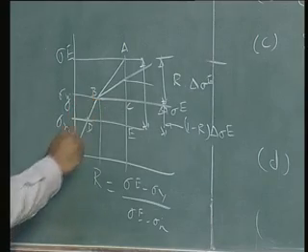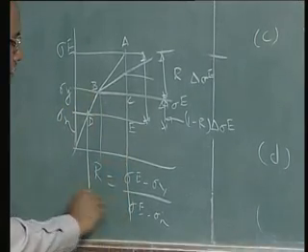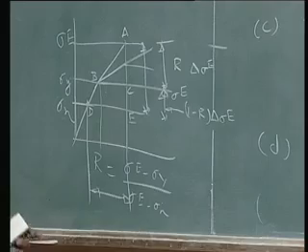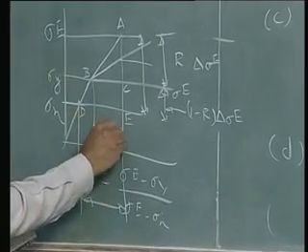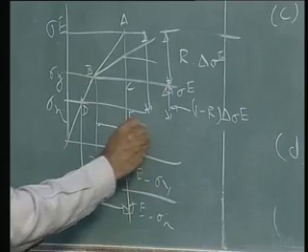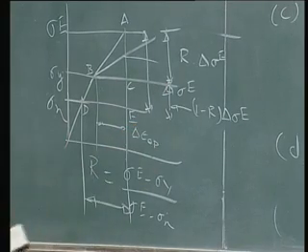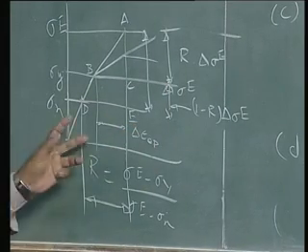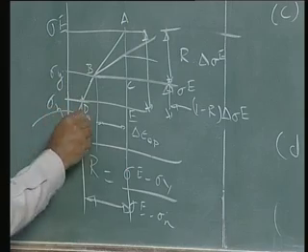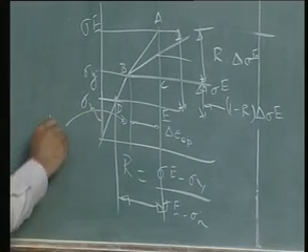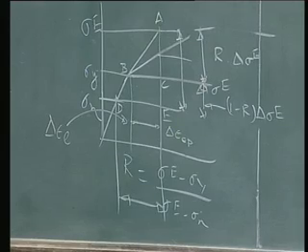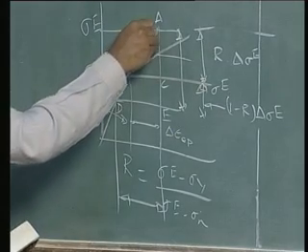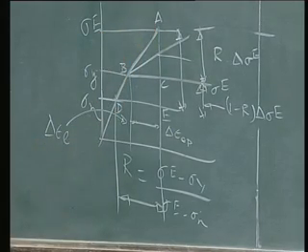Now this total is my delta epsilon, and this is my delta epsilon EP, elastoplastic, and this is my delta epsilon E. Yeah, this is a straight line. ABD is in a straight line.